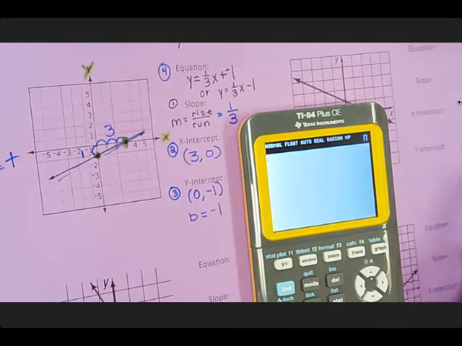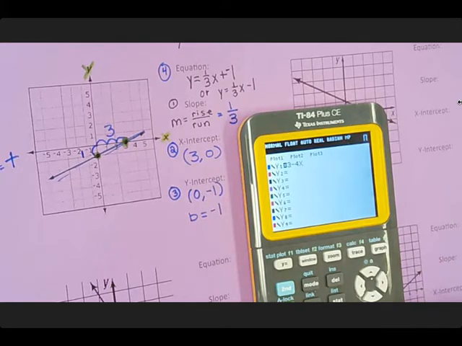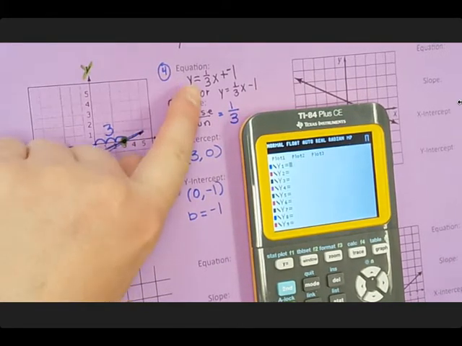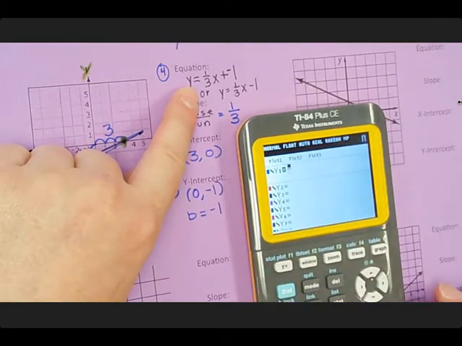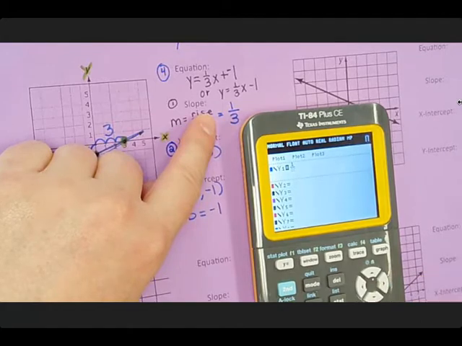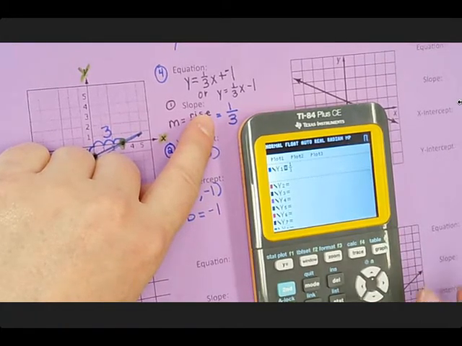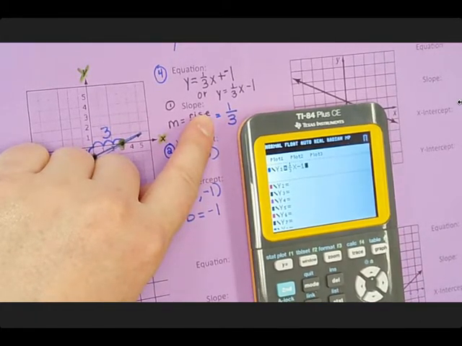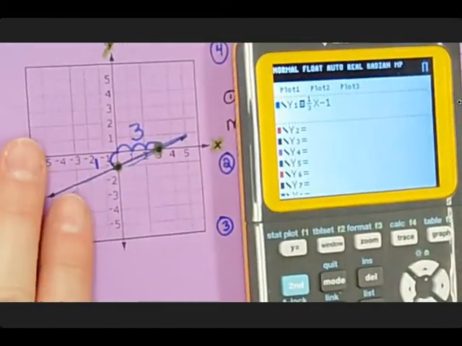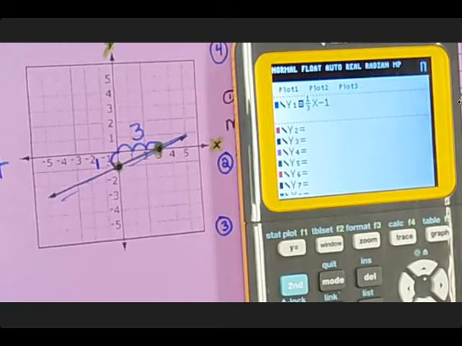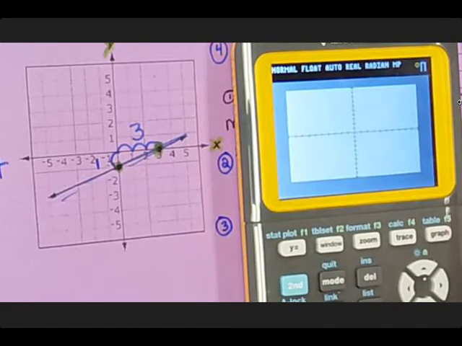So if I want to put this in the calculator, I'm going to go to y equals, clear out whatever is already there, and put in the equation that we said it was. 1/3 x minus 1. So once I have that in, I can go to graph and check and see if it's the same.